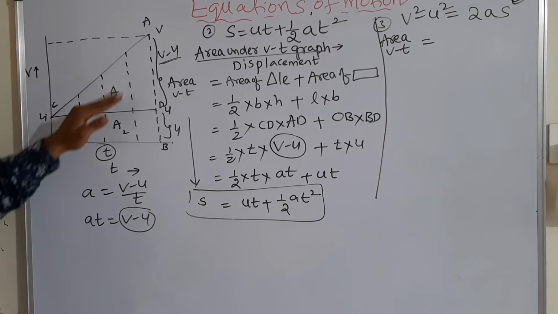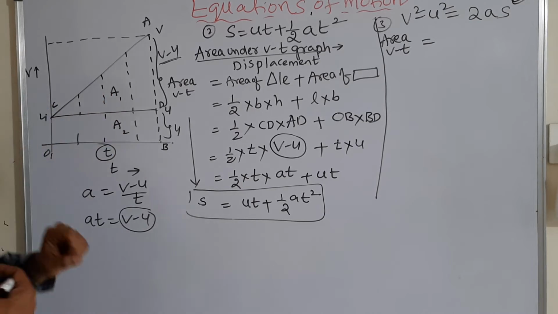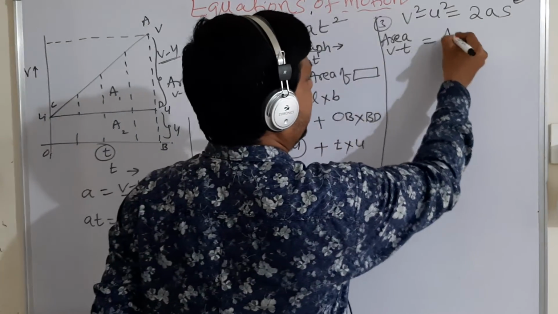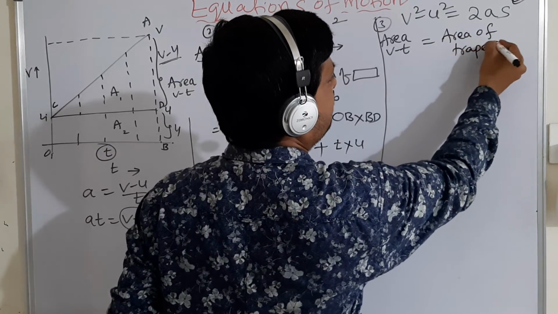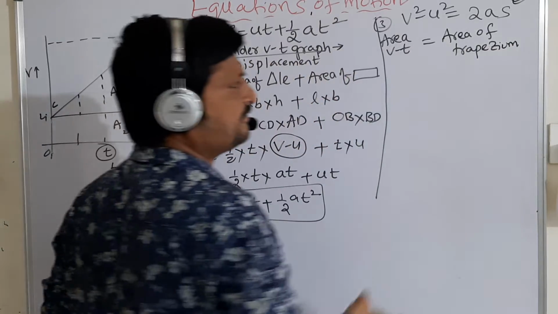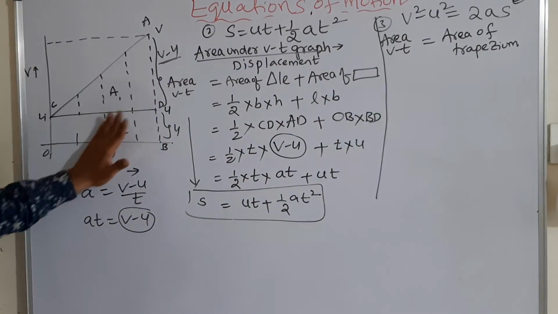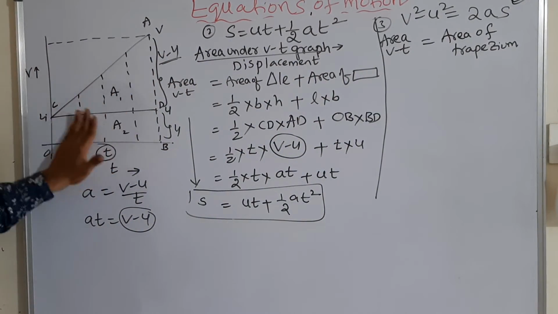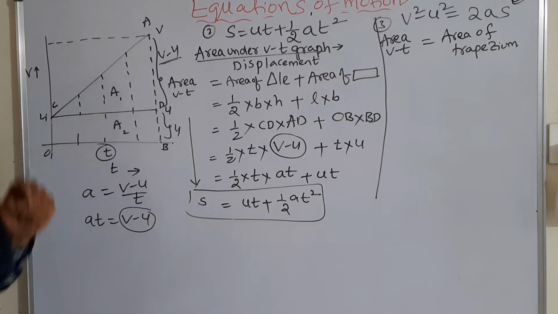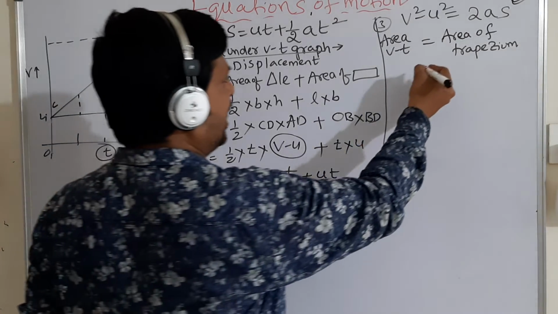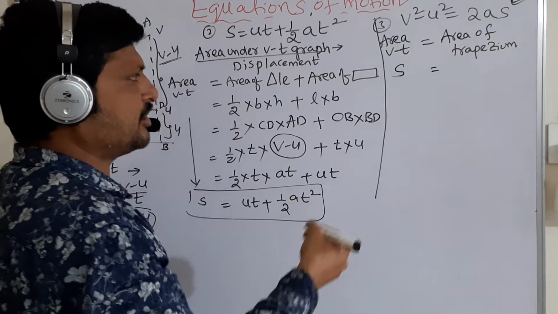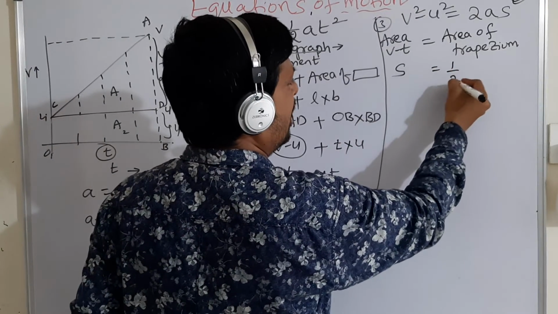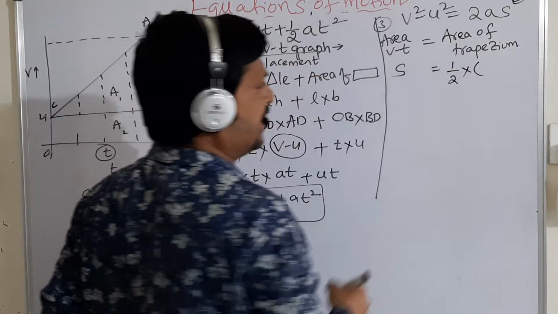The entire area means triangle plus rectangle, that is nothing but the area of a trapezium. So this area is in the form of a trapezium. Find the area of the trapezium, that is equal to the area of the VT graph, which is displacement. The area of a trapezium means half into the sum of parallel sides.